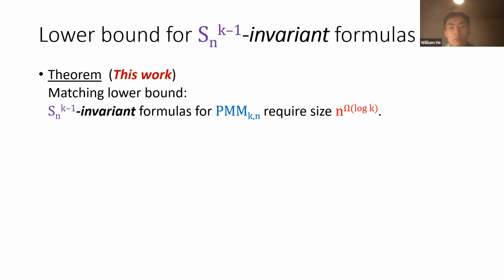In our work, we prove a matching lower bound for symmetric S_n^(k-1) invariant formulas for PMM_{k,n}. So we show that S_n^(k-1) invariant formulas for PMM_{k,n} require size n^Ω(log k). And this is tight up to constants in the exponent because the upper bound was n^O(log k).